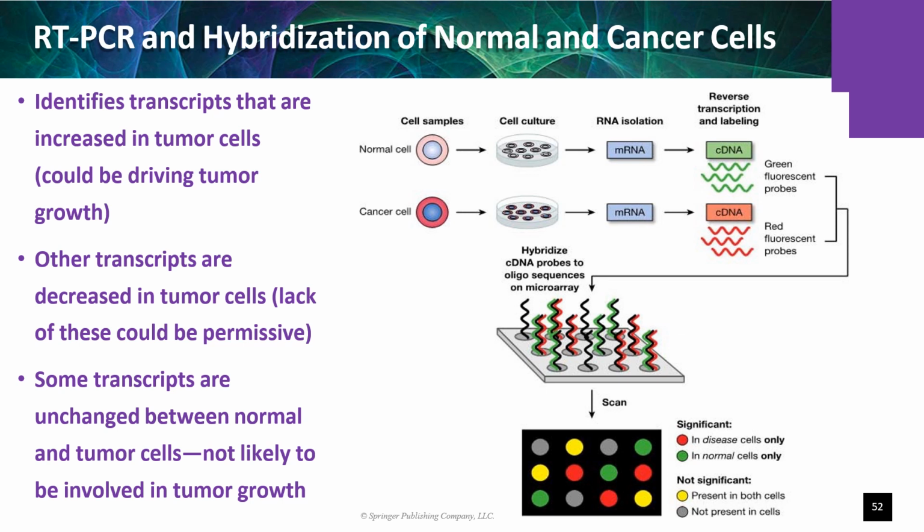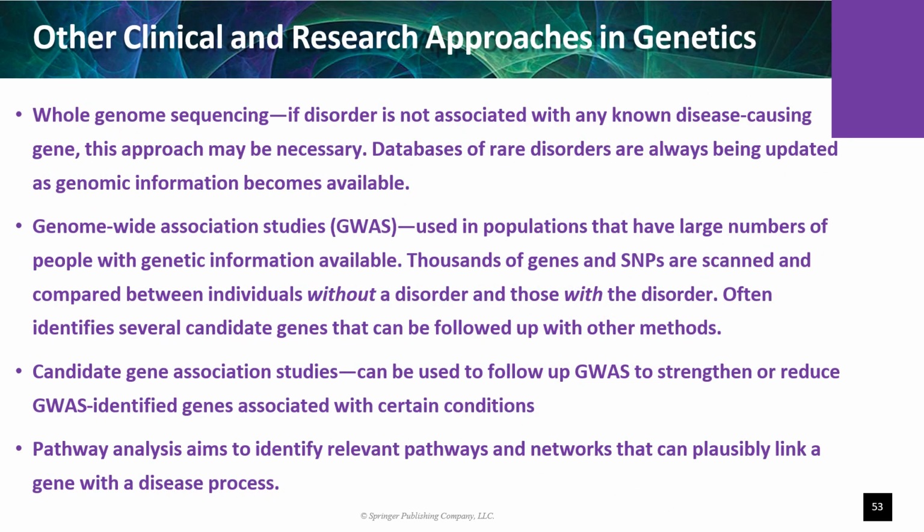Small volumes of each set of complementary DNAs are added to each spot on the gene chip. The analysis detects transcripts that are not found in any cells, those found in all cells, and those unique to the tumor or non-tumor cells. There is still ongoing clinical and research work being done in genetics.